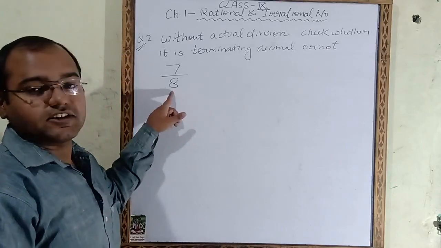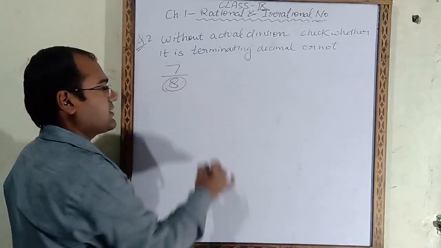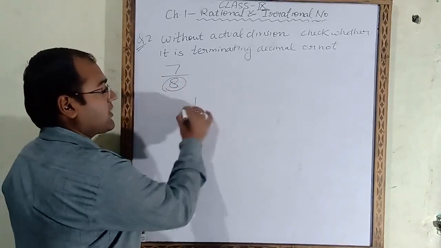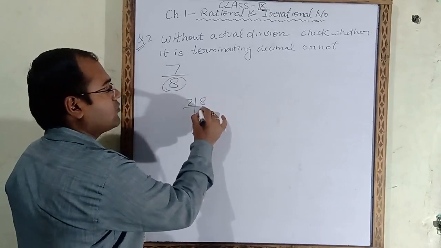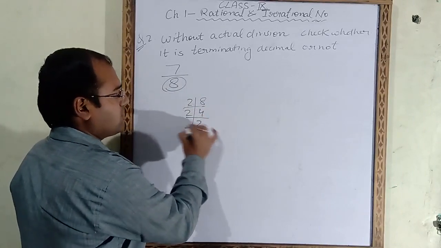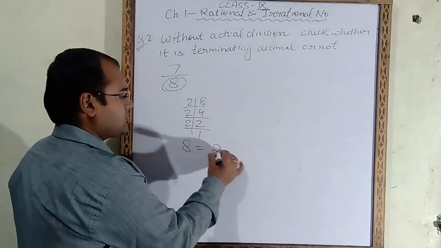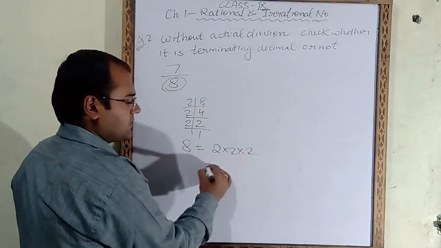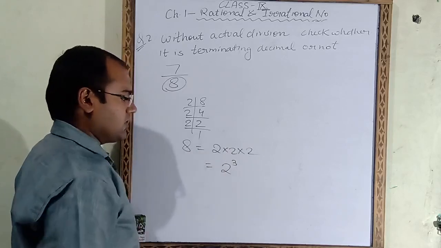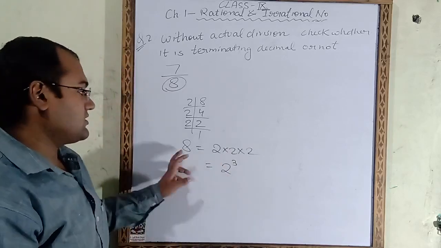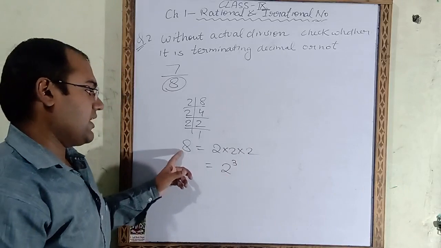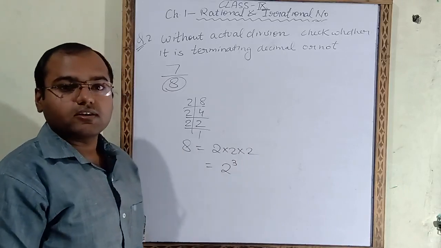So in the denominator what is written? In the denominator 8 is written. First of all we have to find the prime factor of 8. 2 4s are 8, 2 2s are 4, 2 1s are 2. That means 8 can be written as 2 into 2 into 2. That means 2 raised to the power 3. This is the prime factor of 8. 8 is 2 raised to the power 3.